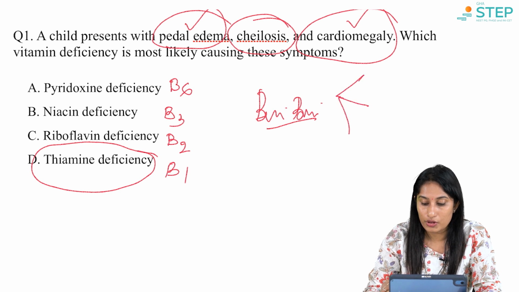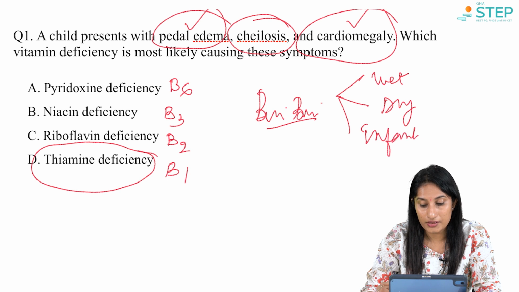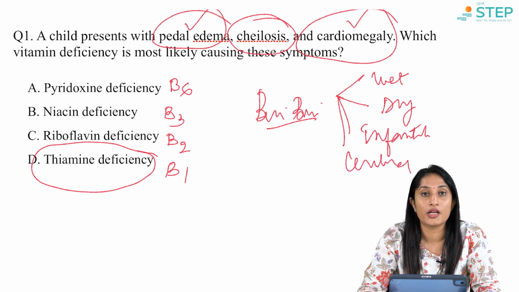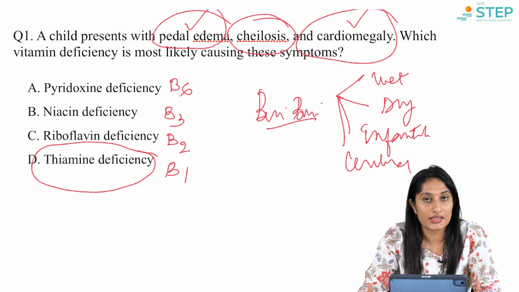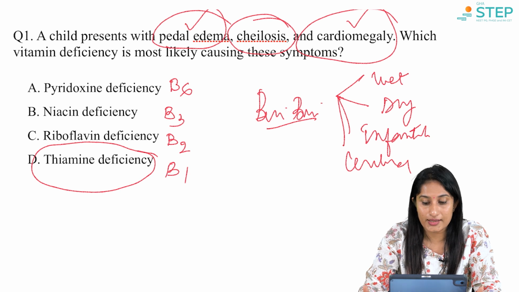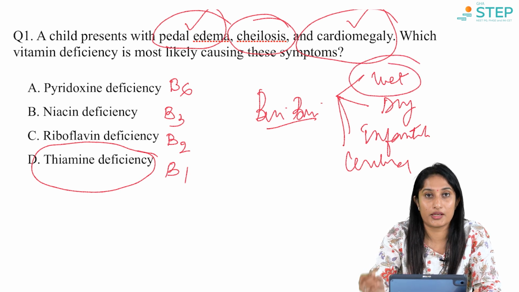We have wet beriberi, dry beriberi, infantile beriberi, and cerebral beriberi. What is wet beriberi? The name is telling something to do with water. In this case, what we are seeing is edema, that is fluid or water accumulation in the tissue spaces. So which kind of beriberi is this child having? It is wet beriberi.